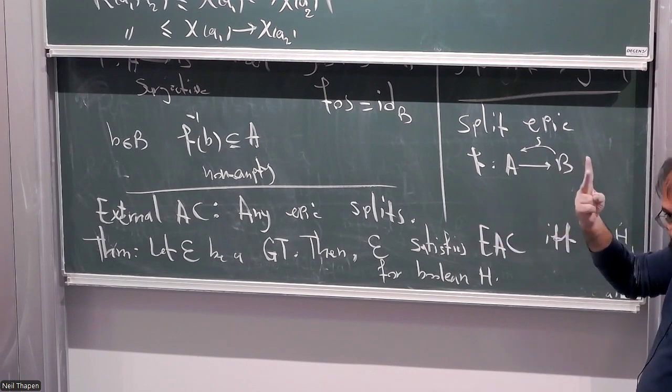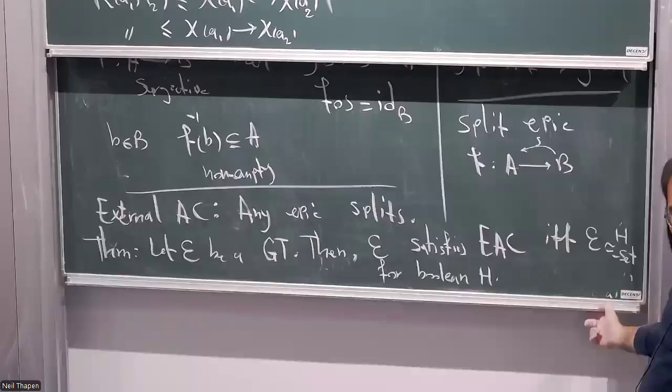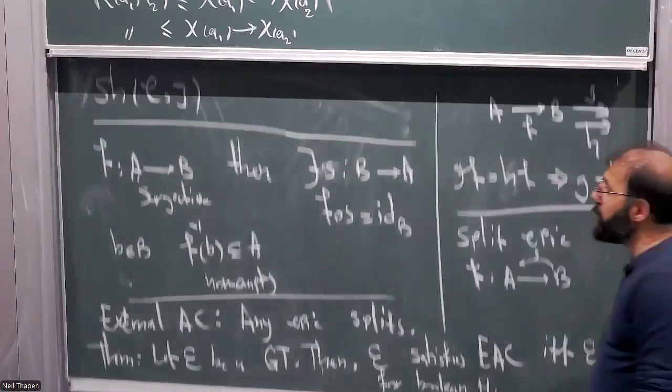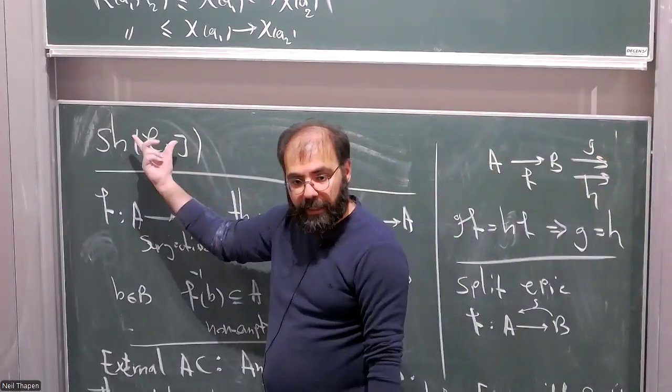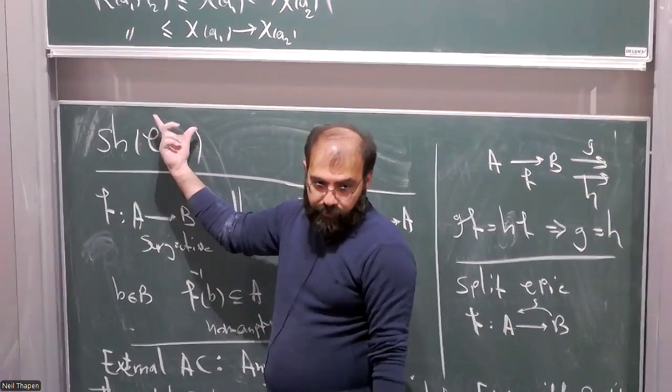There are two axioms of choice, remember. So that stronger one, they are in this form: sheaves on any site.